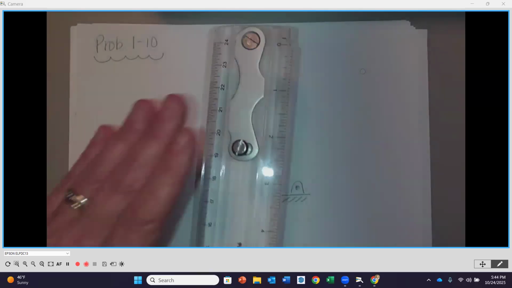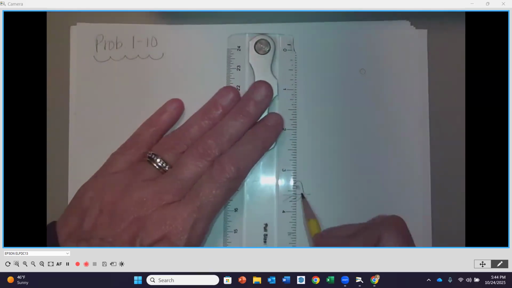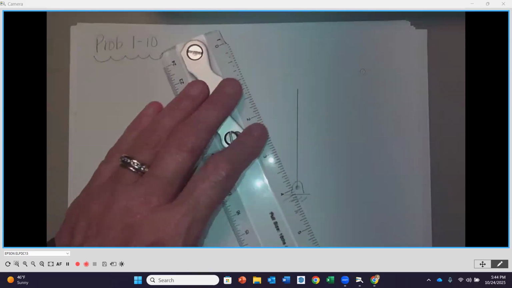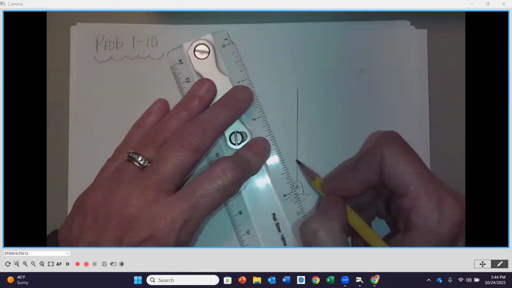So this is problem 1-10, right? Yep, 1-10. And I'm going to start down in the bottom right-hand corner, if you would. This is going to be my frame, okay? And then I'm going to go directly up, okay?